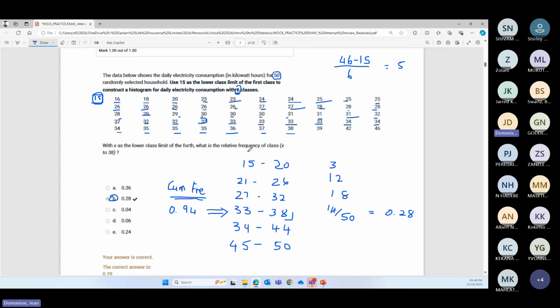Yeah, so you need to get an anchor for that first one. If I don't give you the anchor for that first one, you go for 16. So if I don't give you 15, you use the first number as your lowest one. That's why I looked at whether there was an upper one as well, and I nearly guessed it would have been 50, but they want you to anchor.